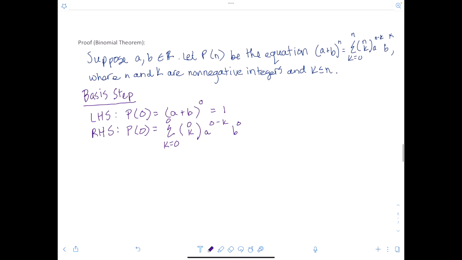So if we were to expand that out, k has to be less than or equal to n, right? So this would have to end up being, so here, this is where we plugged in the zeros, right?